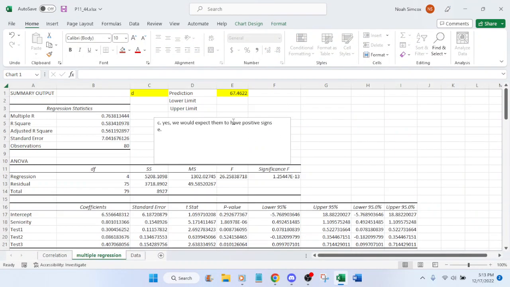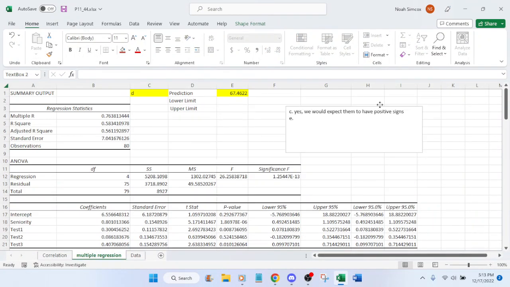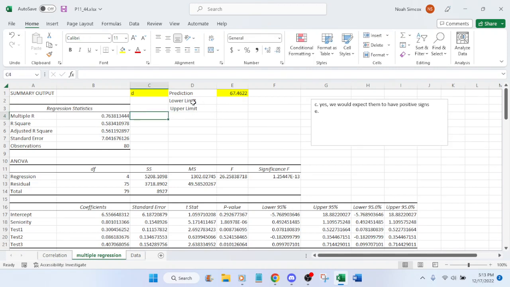I'm gonna move this one over here and then do t-value, standard error.